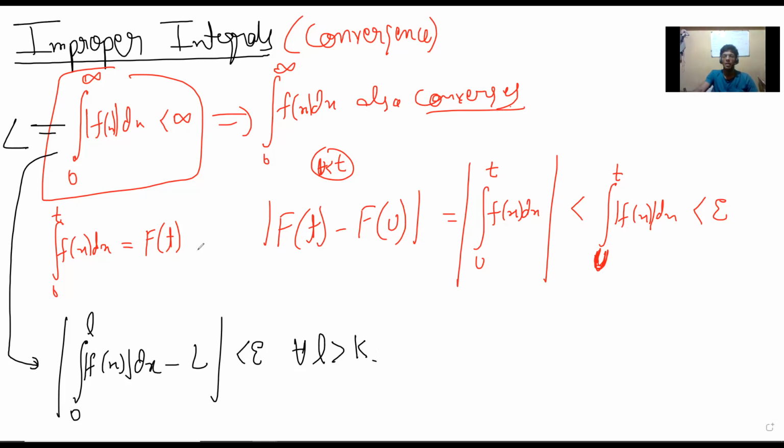Is it okay? And then you see, for all l bigger than k, you can take t, and you can take u again, and you can take the difference. It will be less than 2 epsilon or something like that.